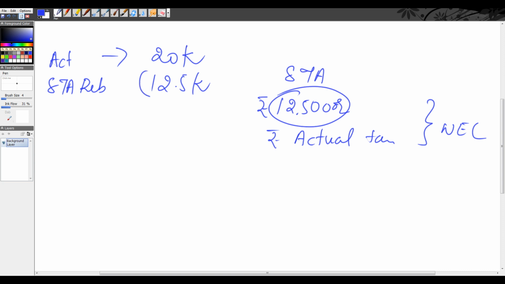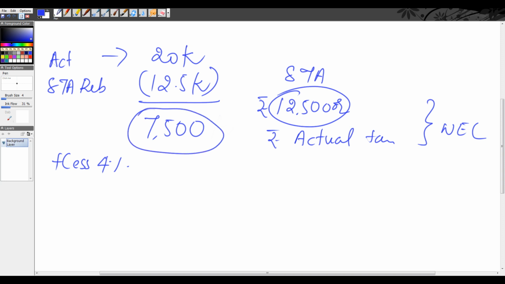So now we will deduct this 12,500 from her actual tax liability of 20,000. So we are left with 7,500. This is the amount of tax which Miss R is supposed to pay on whatever income she has earned after calculating the rebate. So on that 7,500, what we are supposed to do now is calculate cess of 4%. If there is nothing left, then there is no question of cess.